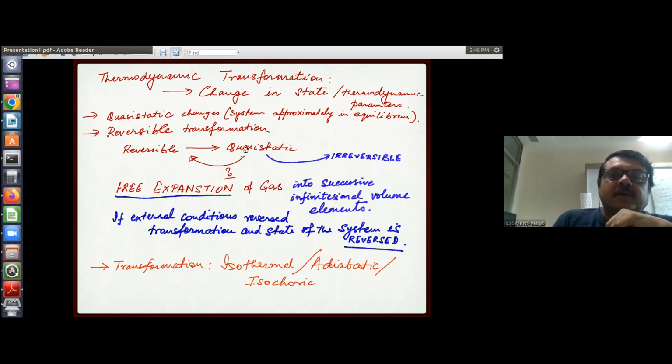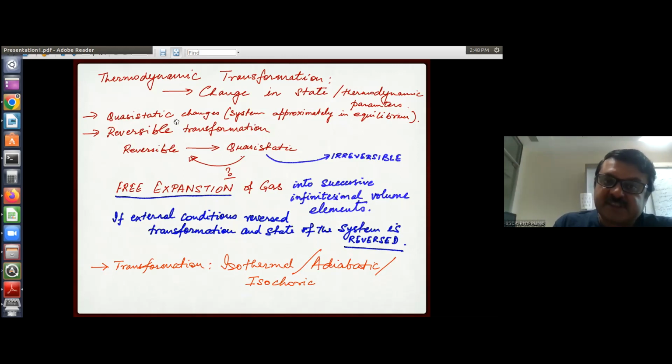So you can have a thermodynamic transformation. You can change the state or the thermodynamic parameters such that the other properties of the system change as per the equation of state.